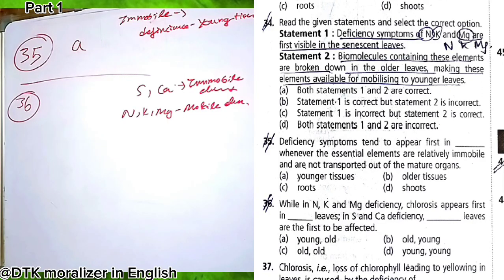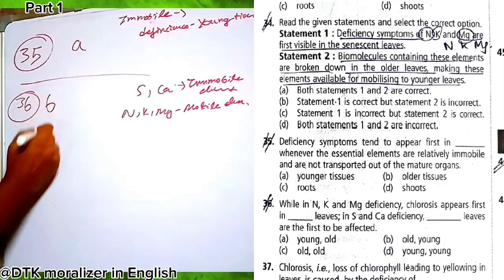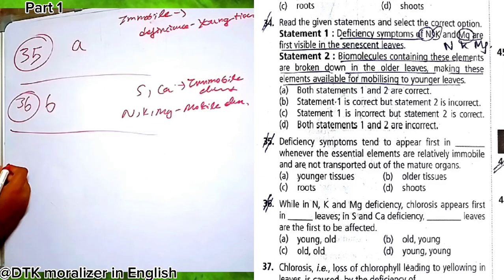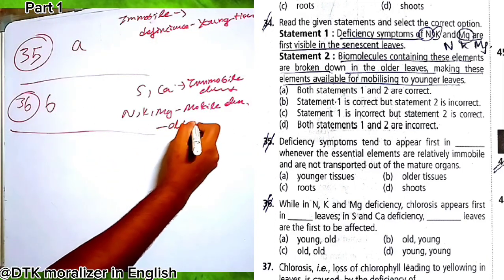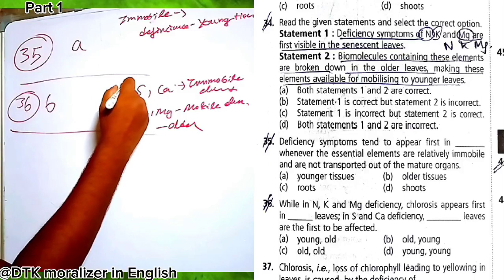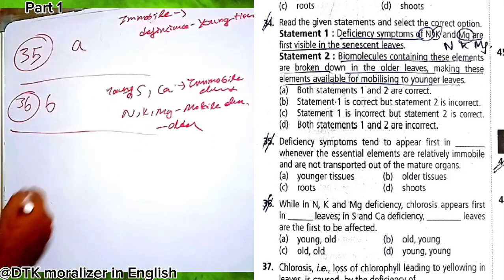So option B. As you can see, it appears in older leaves in one case and in young leaves in the other.